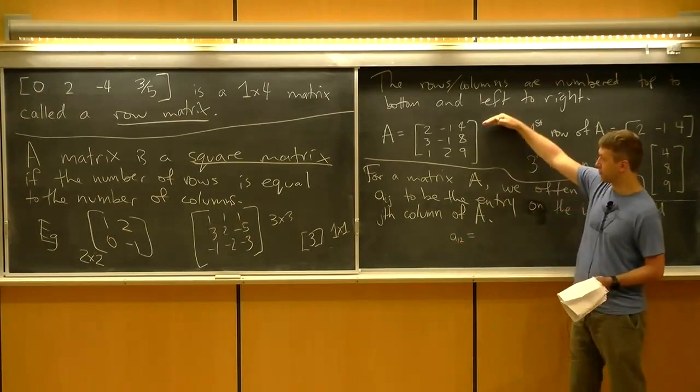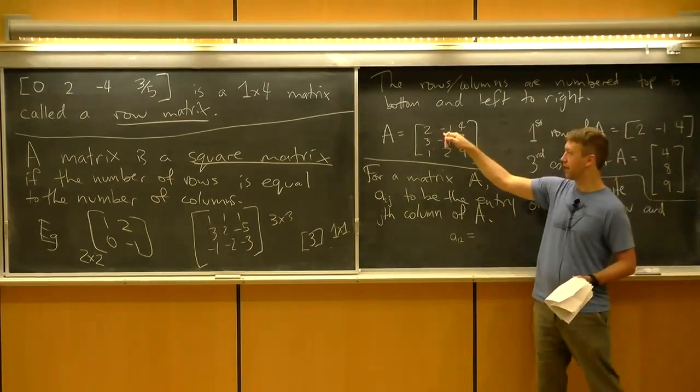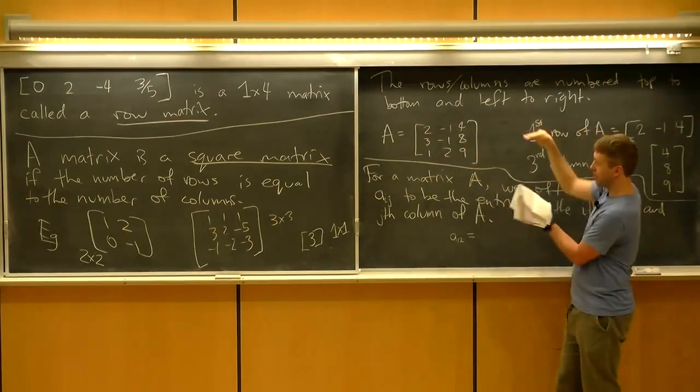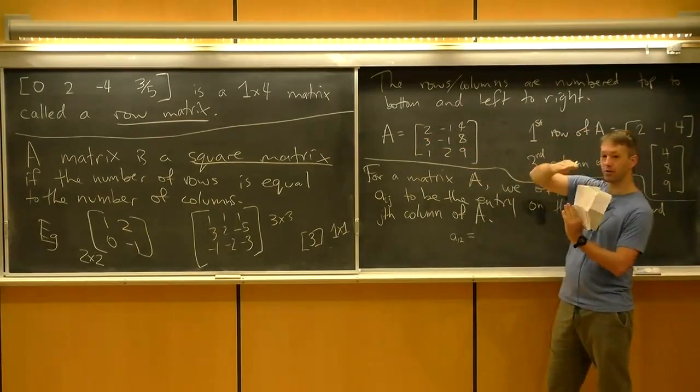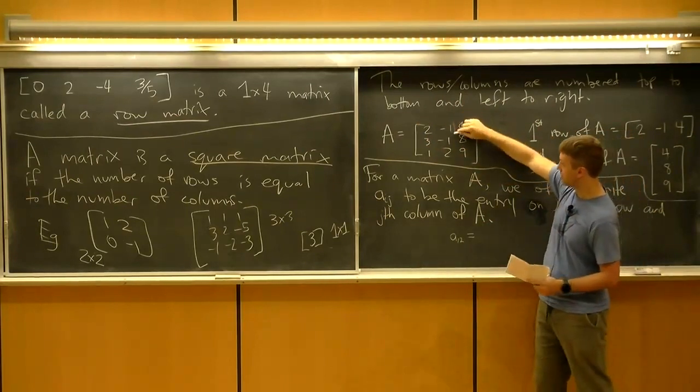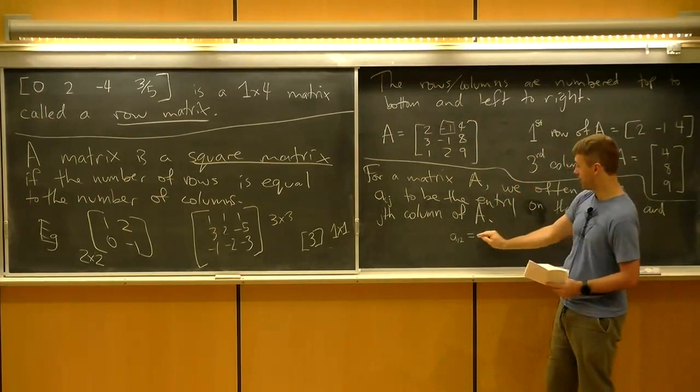I go to my first row, which is 2, -1, 4. I go to my second column. There's only one entry that's in the first row and the second column. It's this one. So that's -1.